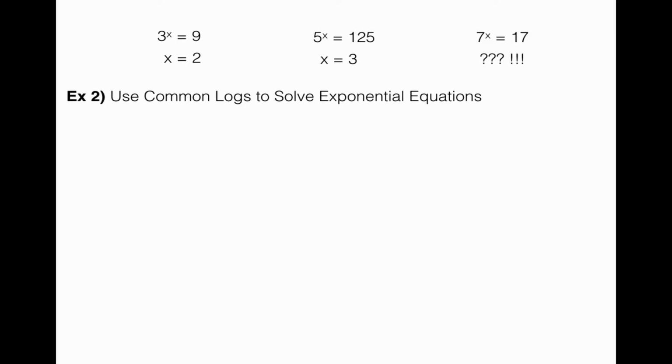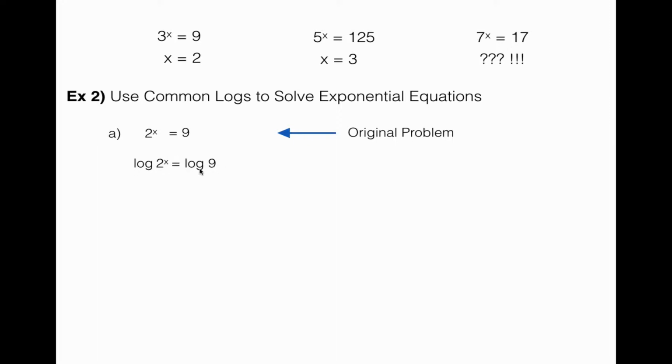All right? And this is why logs are so awesome and so handy and so important. If I give you 2 to the x equals 9, well, that's the original problem. And if I take the log of both sides, notice these are just log base 10, so I'm just going to write log. I've done the same thing to both sides, so that's valid.